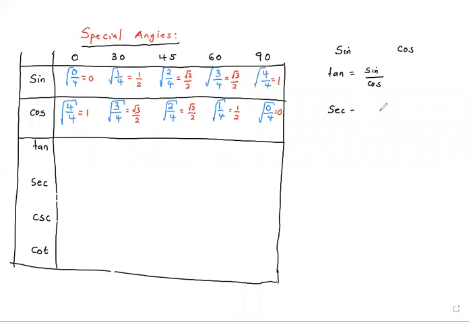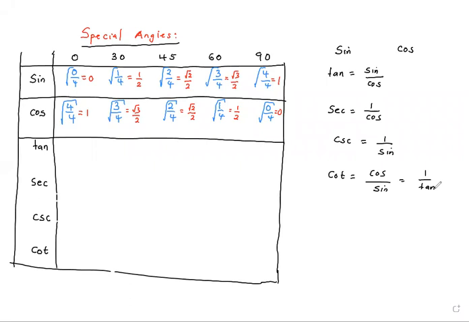Sec is just 1 over cosine. Cosec is just 1 over sine. And cot is just cos over sine, or 1 over tan.